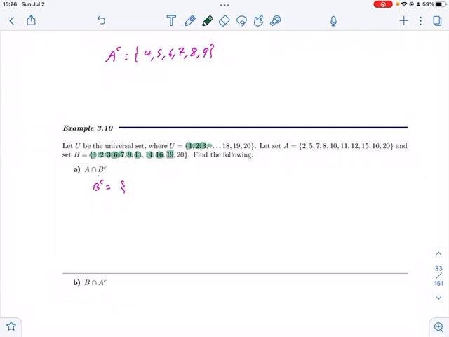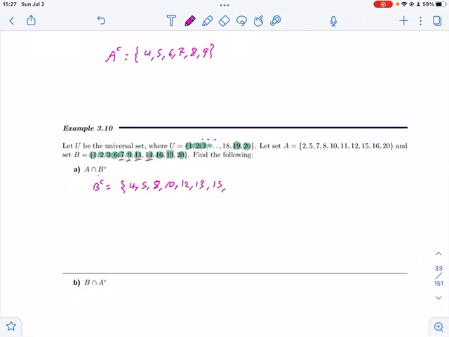So what is the complement of B? 4, because 4 is in the universal set. 5, it has 6, 7, it needs 8, it has 9, it needs 10, then 11, 12, and 13, then we have 14. 15 is missing here. 16, 17, we're missing 17, 18.